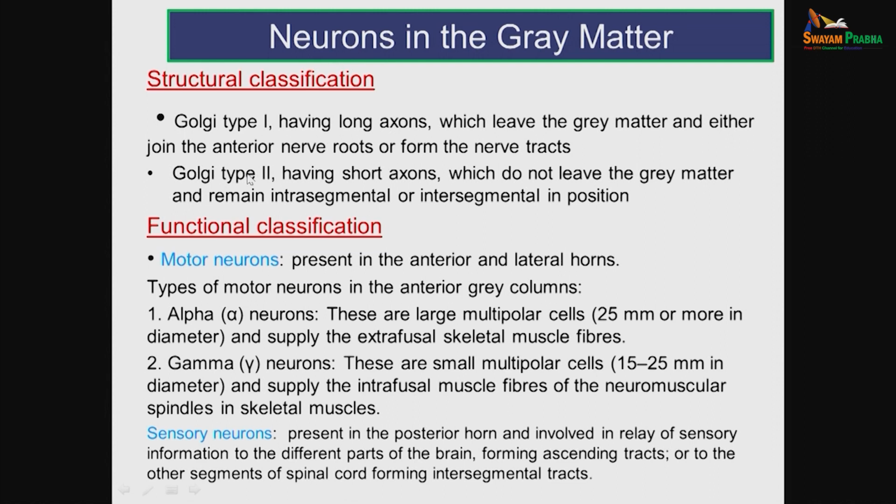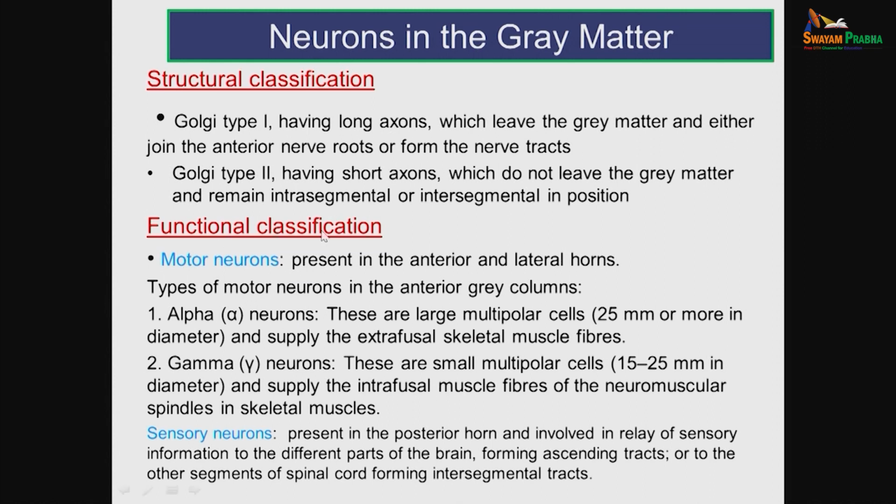The only difference is that type 1 has long axons, and they leave the grey matter. Golgi type 2 have short axons, they are present within the segment, that is intrasegmental, or it can be intersegmental. So, that is Golgi type 1 and type 2.